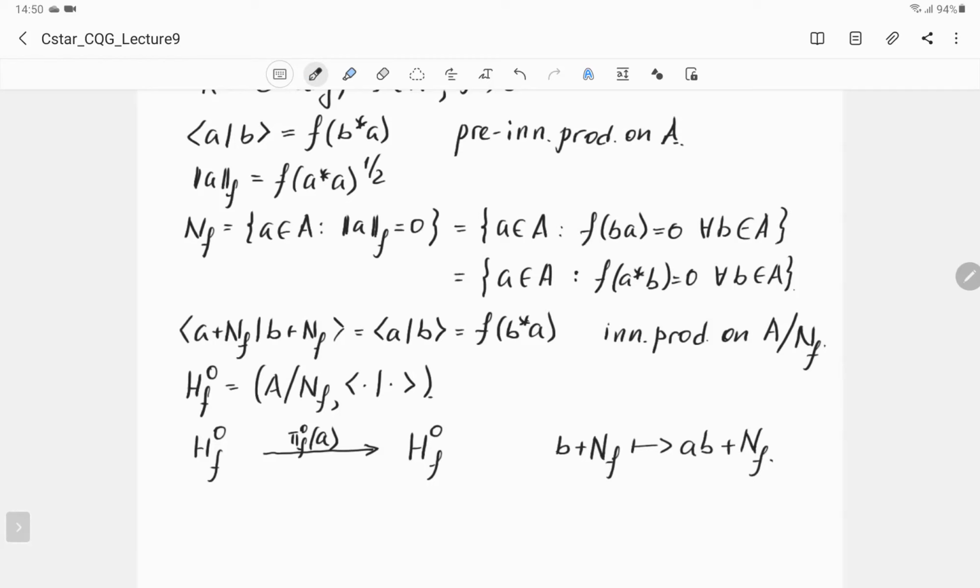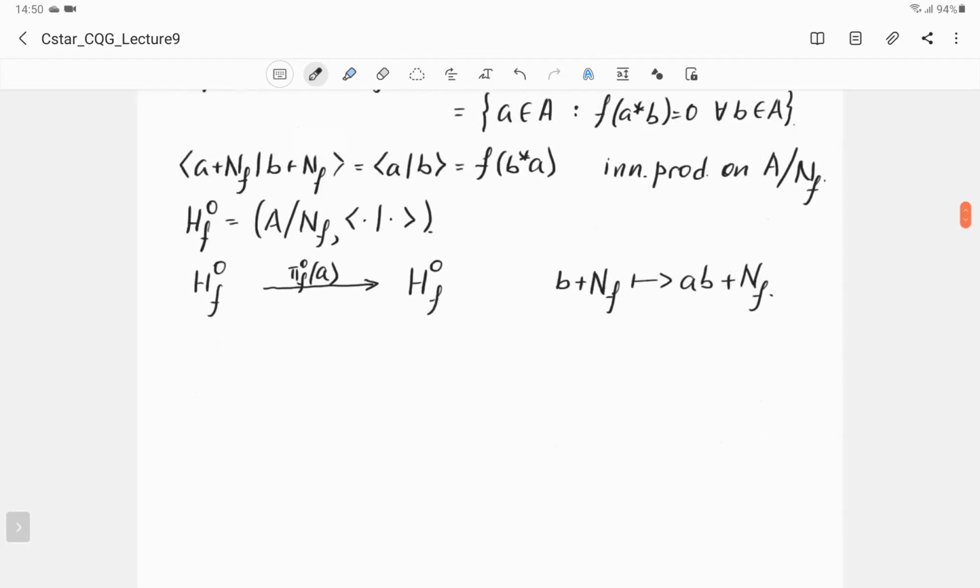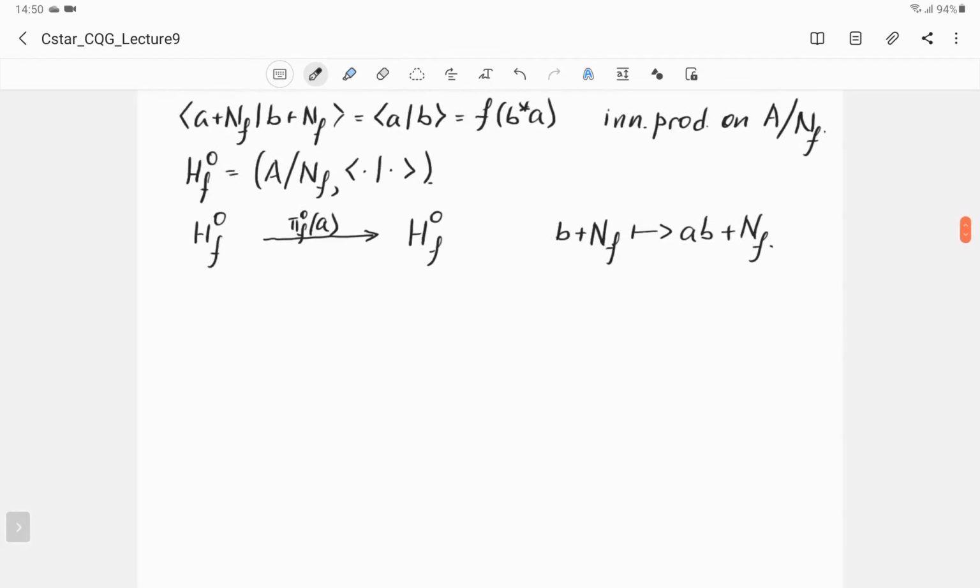Now, an important fact, which is not entirely obvious, but is true, is that this operator, pi_f^0 of a, is bounded. And moreover, its norm is less than or equal to the norm of a. So we can extend this operator to the completion of H_f^0. The completion is denoted by H_f. This is our Hilbert space. And our operator extends by continuity to H_f, and the extended operator is denoted by pi_f of a.